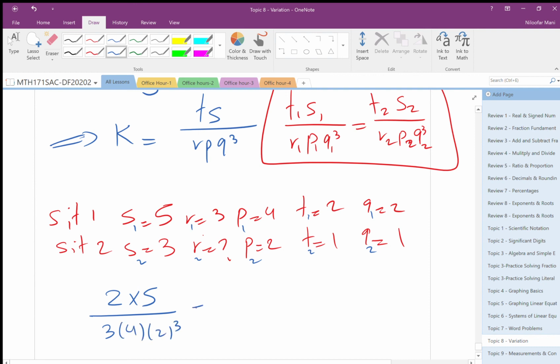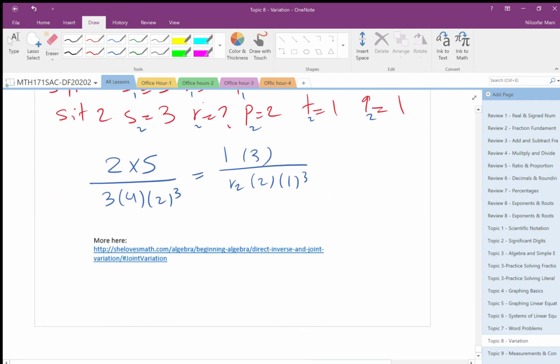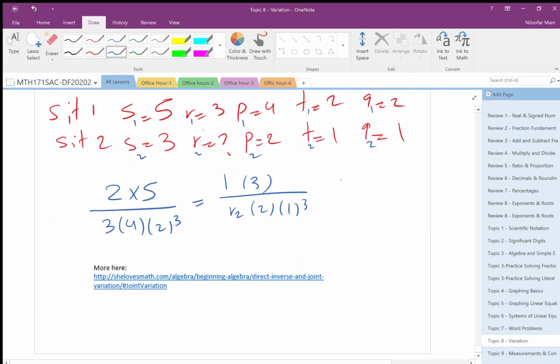equals T2 is 1 multiplied by S2 is 3 over R2, with P2 being 2 and Q2 being 1 cubed. Now I can find it. So I have 10 over 96, which equals 3 over 2 R2.